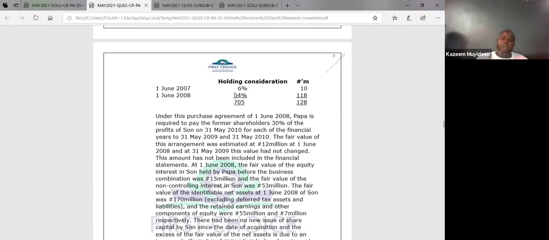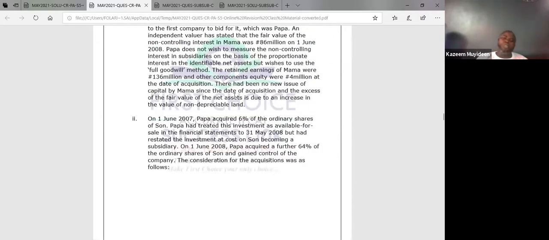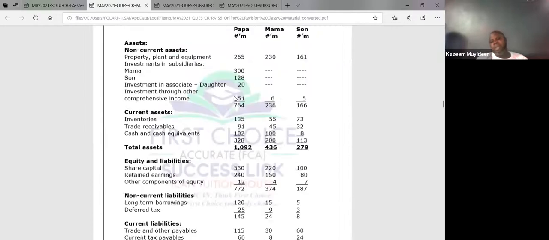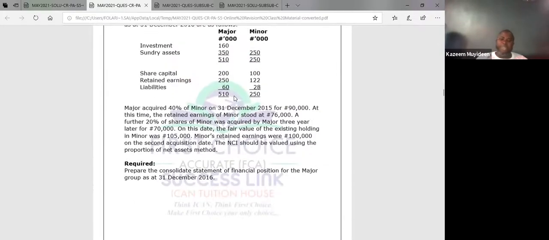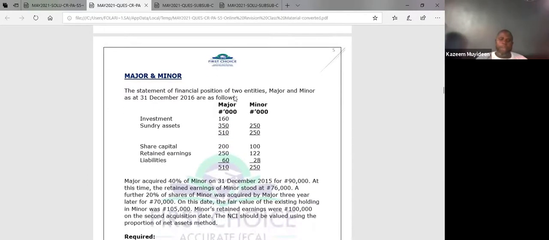We can also have from associate to subsidiary. The one of 2017 was from associate to subsidiary. Like this one, a man acquired 40%. He later acquired an additional 20%, meaning he has control, 60%.